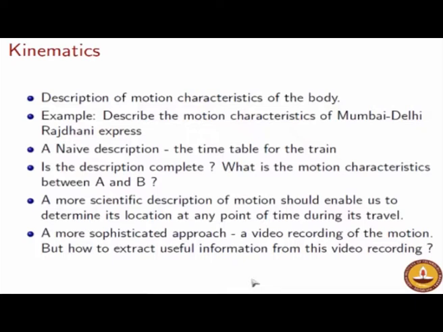And remember, as we are talking about particles, even if it is an extended body such as an aeroplane, all points within the body will share completely identical motion characteristics. So it is sufficient to look at just one point of the body and determine its motion characteristics. Whatever motion characteristics you determine for a certain point will be true for every other point.